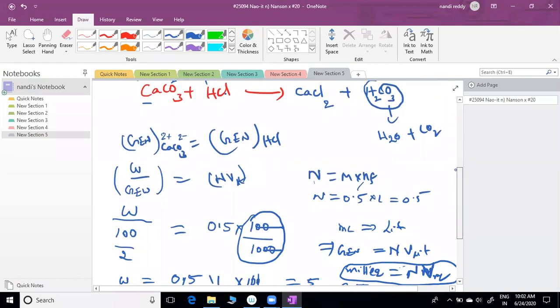Now revise one more time how to calculate n factors, that is what we are going to apply here. Any doubt, please check it.